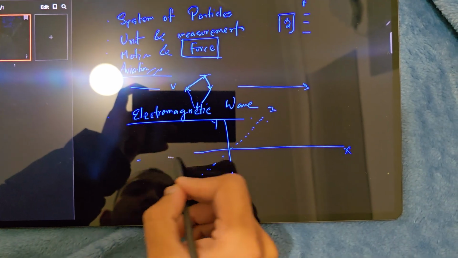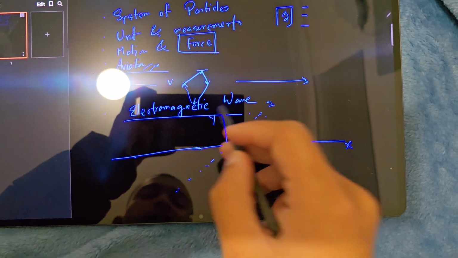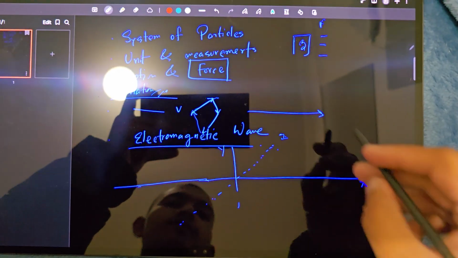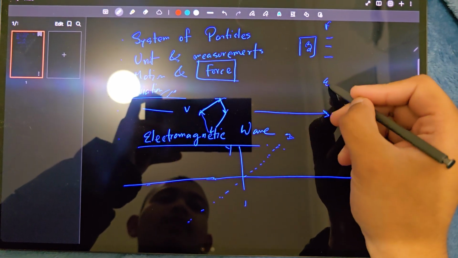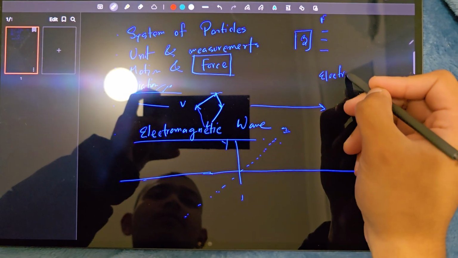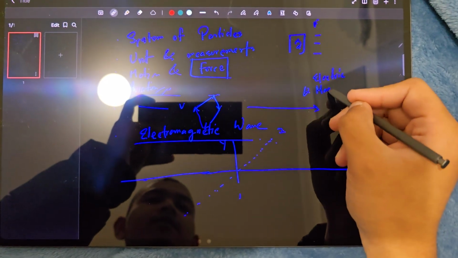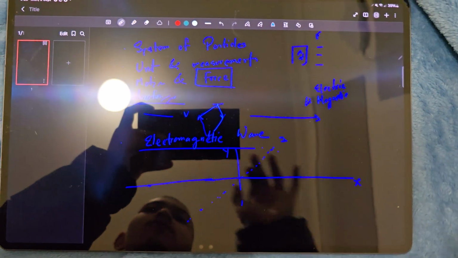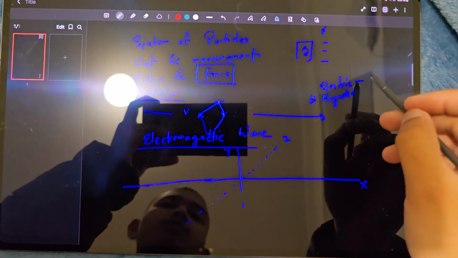So, say our electromagnetic wave, some radiations do have both electric and magnetic radiation. So what it means, as well as electric, it does create electric radiation.